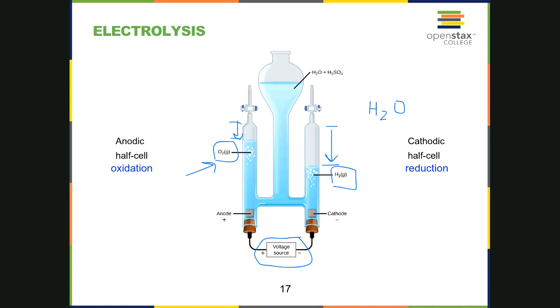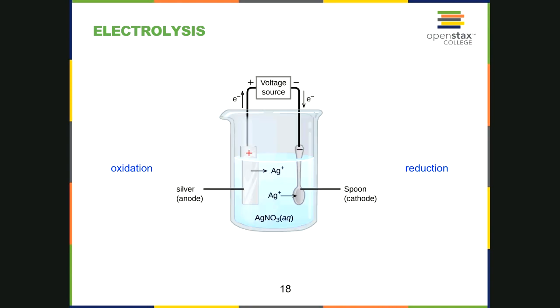Now, next is a really old application of electrolysis, and that is producing what would appear to be a silver spoon. But in fact, that spoon is mostly iron, or it may be more like steel. So iron with some other things.